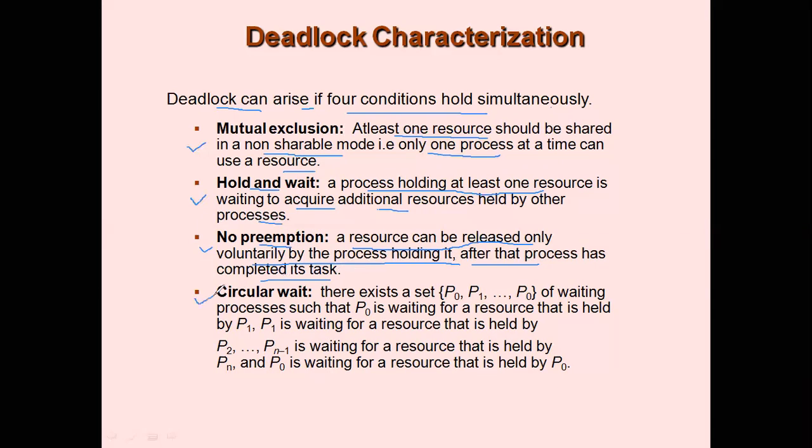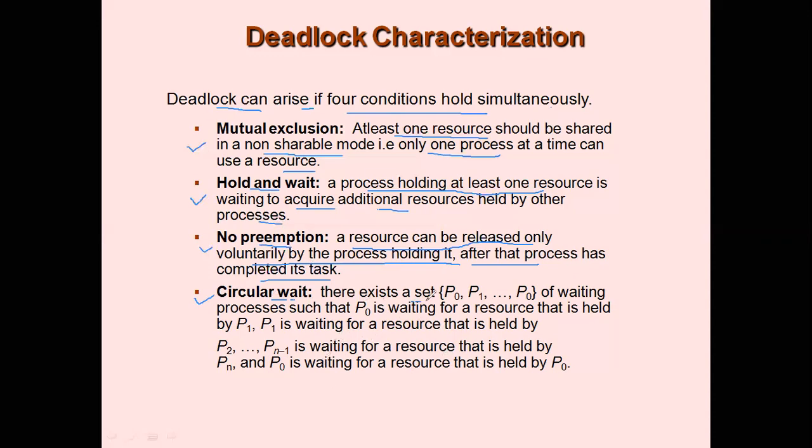The fourth condition is circular wait. In the previous diagram itself, you have seen a circular wait. That is, P1 is requesting a resource held by P2, and P2 is requesting a resource held by P1. This is called circular wait.